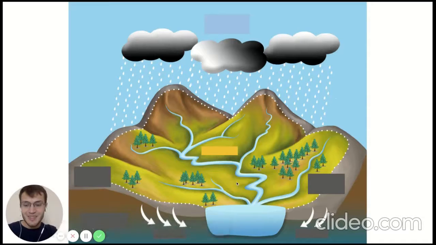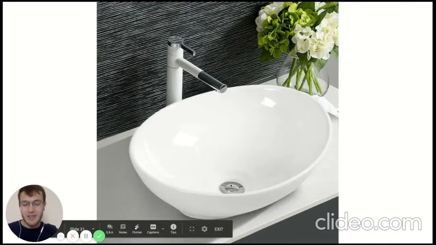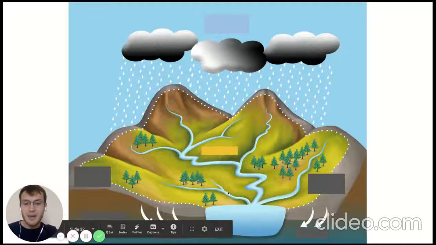And so this drain would be the basin. In this watershed, any water that falls is all going to wind up in this lake. That lake is the basin because it's kind of like the drain of the sink. If you look, it even kind of looks like a sink. Any water that falls here will end up in the basin.